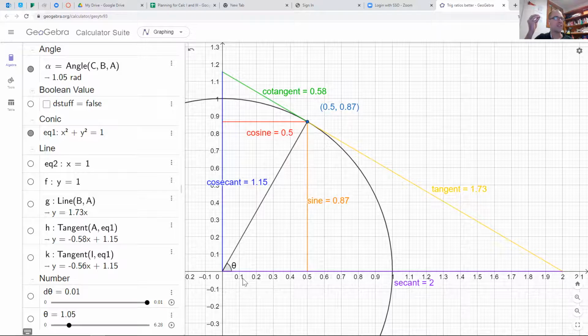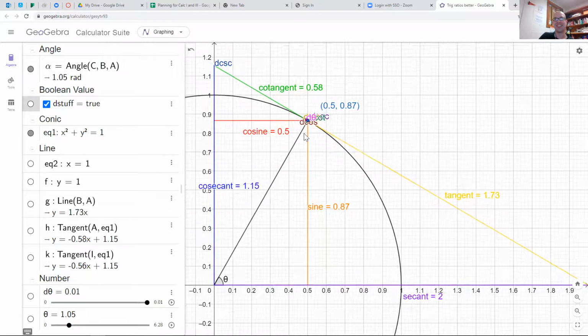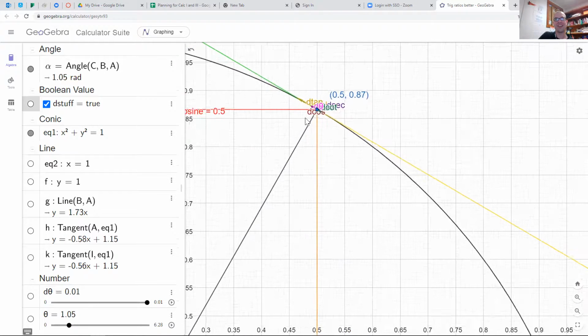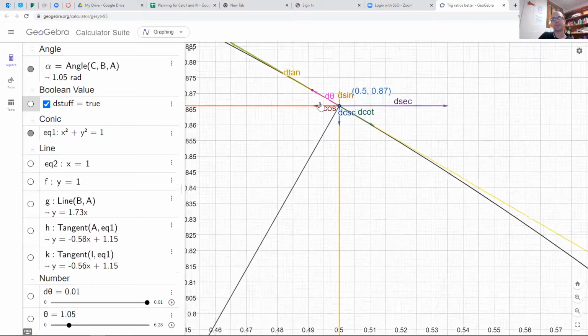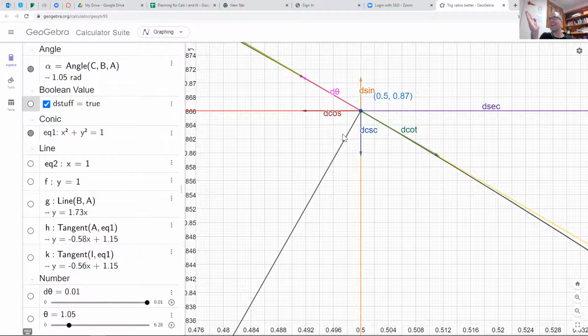And I think that's kind of cool. One of the things that you could do geometrically is take whatever our theta value is and nudge it just a little bit. Nudging the angle theta would nudge us around the edge of the unit circle, d theta units.